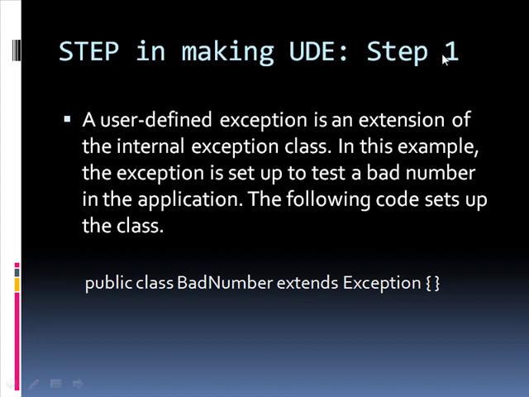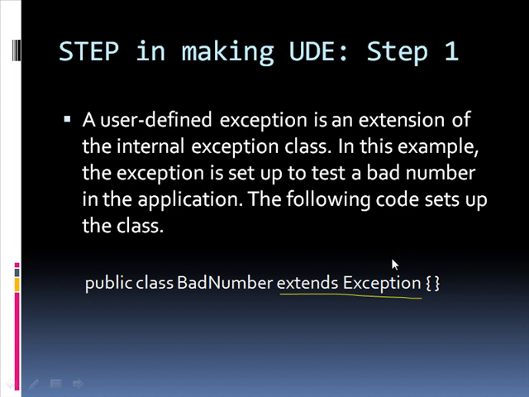A user-defined exception must, take note, extend the exception class. At the very least, the exception class, because exceptions are a special kind of classes that stem from the exception superclass.